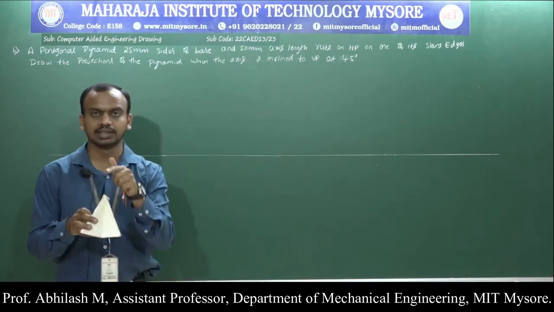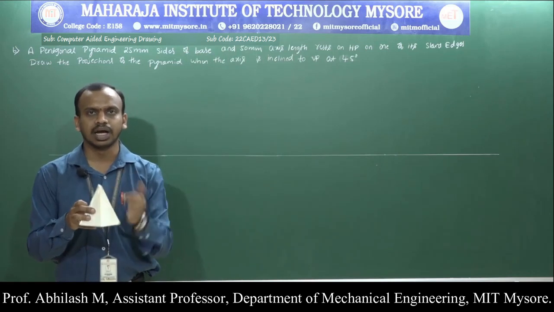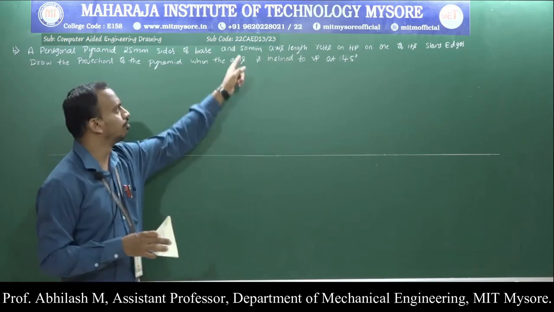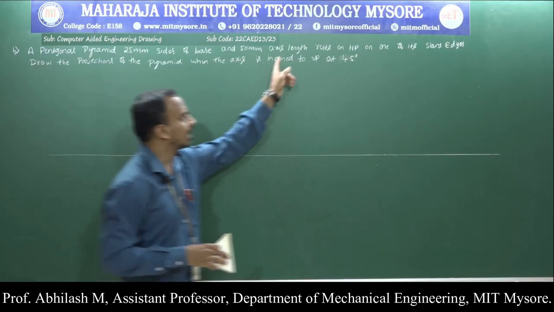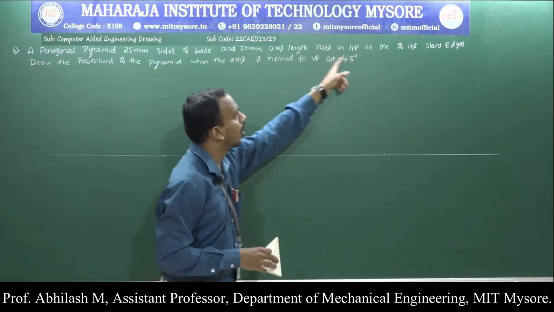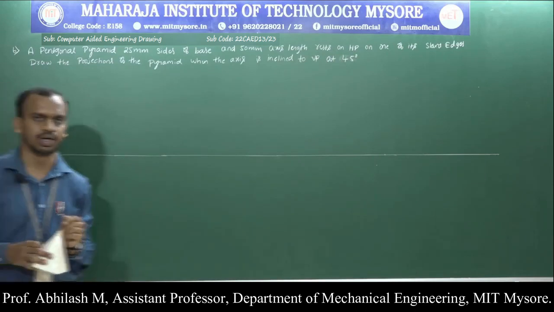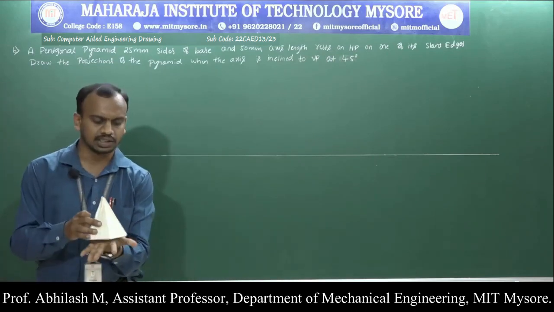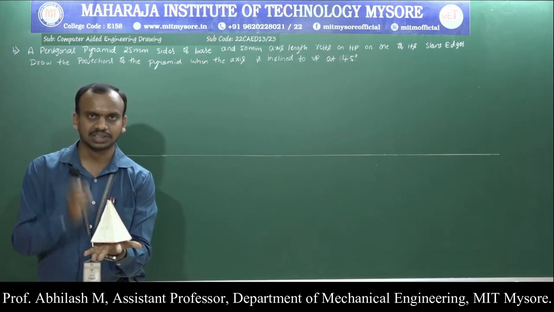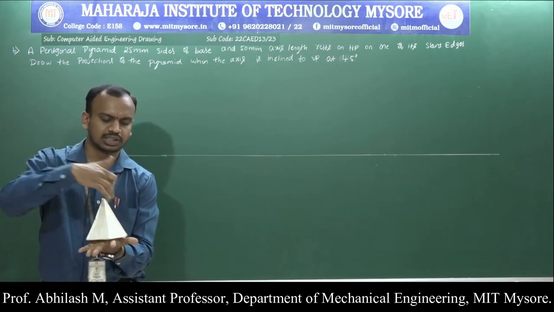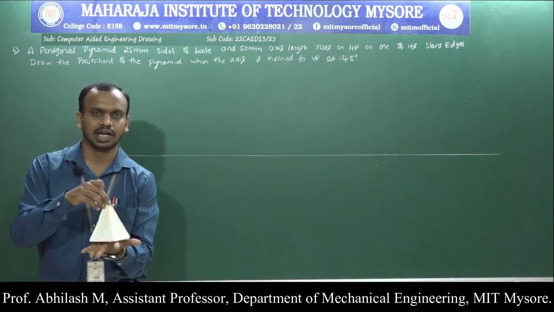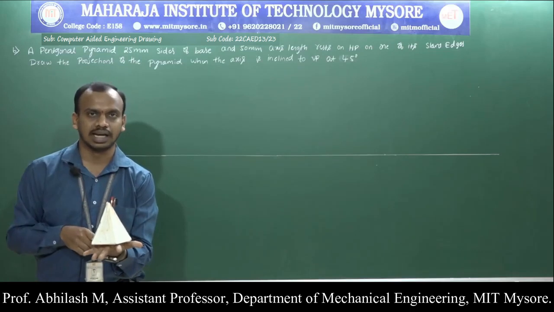So the axis length of the pentagonal pyramid is 50 millimeter. It rests on HP on one of its slant edges. This becomes very important for us. This pentagonal pyramid has to rest on one of its slant edges.